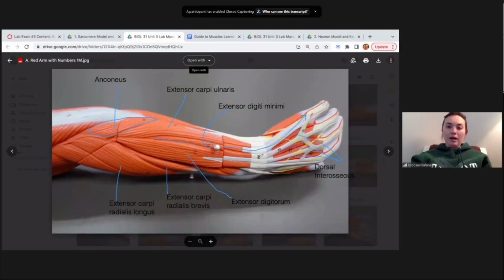And then we also have our extensor retinaculum. Like I said, retinaculum is that white structure that goes around. On your flexor side, it's called flexor retinaculum. On your extensor side, extensor retinaculum. Good, so that's everything for this view, and then we're gonna look at the muscles underneath, and then we'll go talk about nervous tissue.